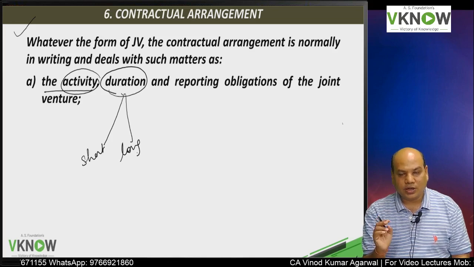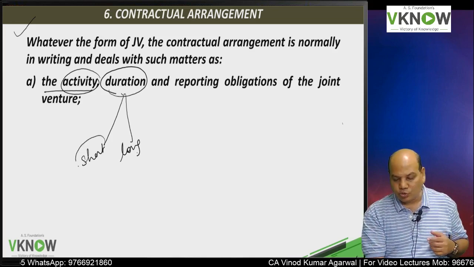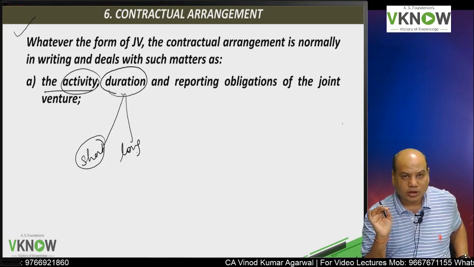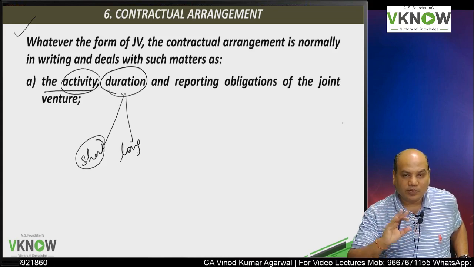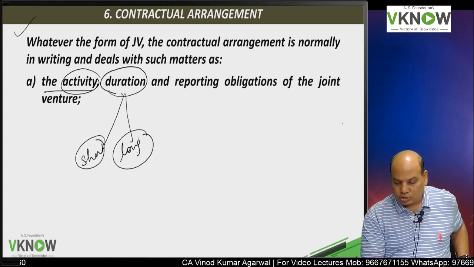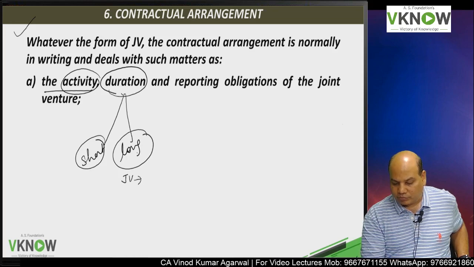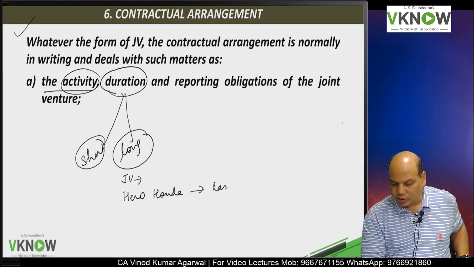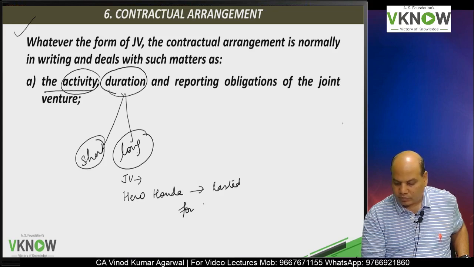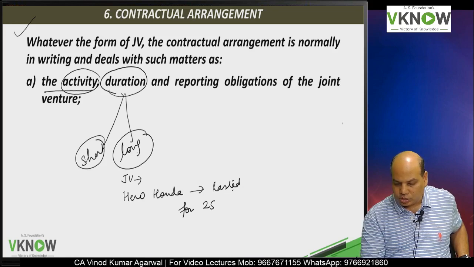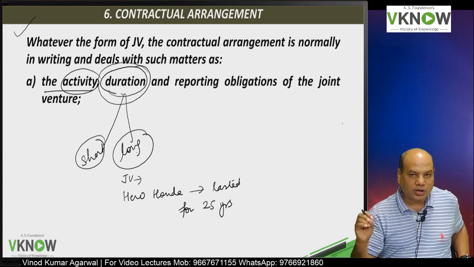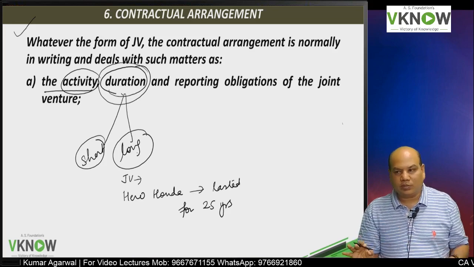In your 12th standard or foundation accounts, they say it is usually short, but in this chapter it can be a one-time event or it can be for a longer period. A joint venture like Hero Honda lasted for 25 years. You can't call it a short duration. Many joint venture agreements last for 10, 20, 30 years also. So don't worry about that.